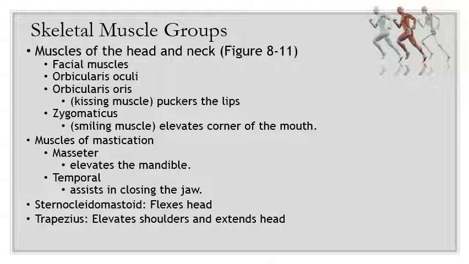So we have the masseter, which elevates the mandible, and we have the temporalis muscle, which closes the jaw. So those two work together to cause mastication. The sternocleidomastoid relaxes the head. The trapezius elevates the shoulders and extends the head.